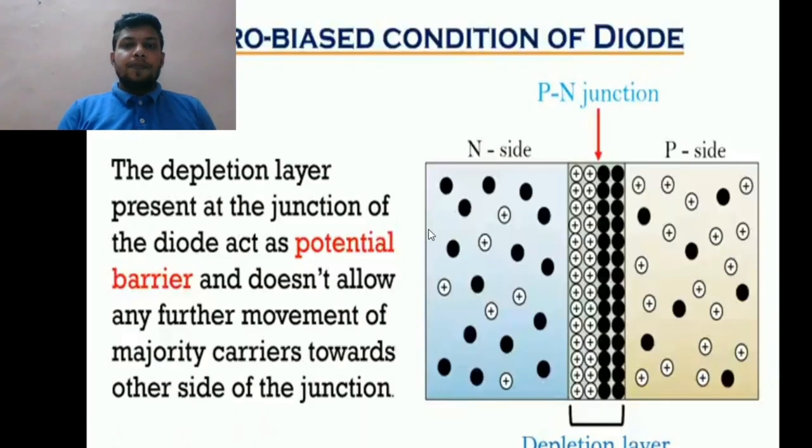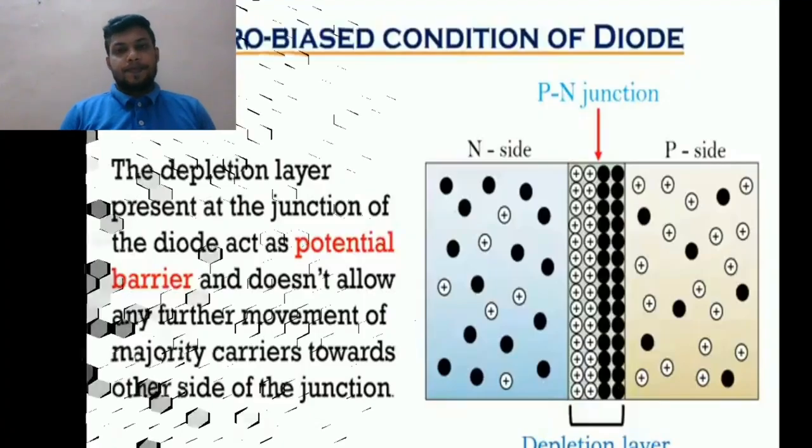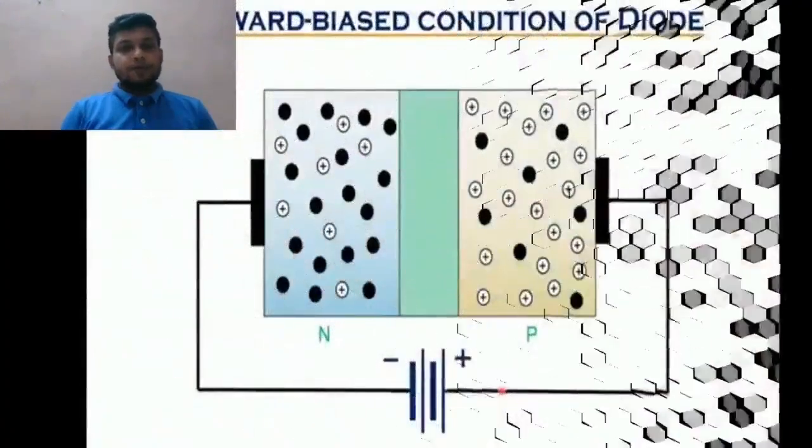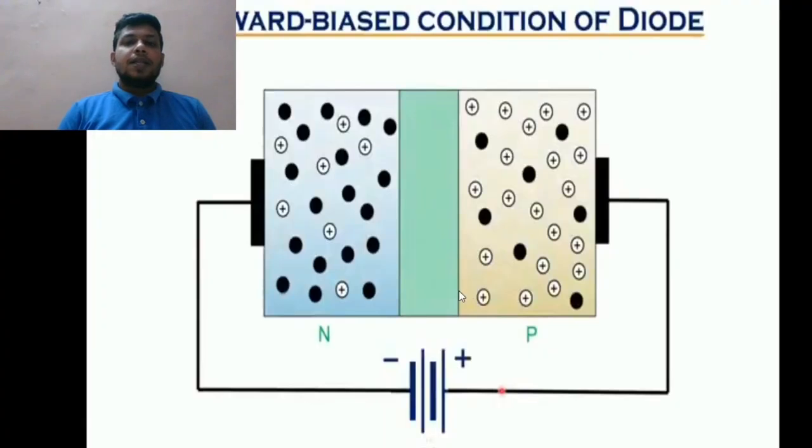So now let's see what the forward bias condition is. Here we can see the forward bias junction. The P side is connected to the positive side of the battery and the N side is connected to the negative side of the battery.